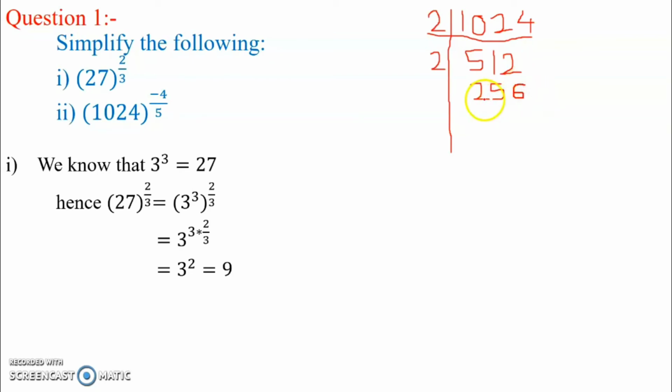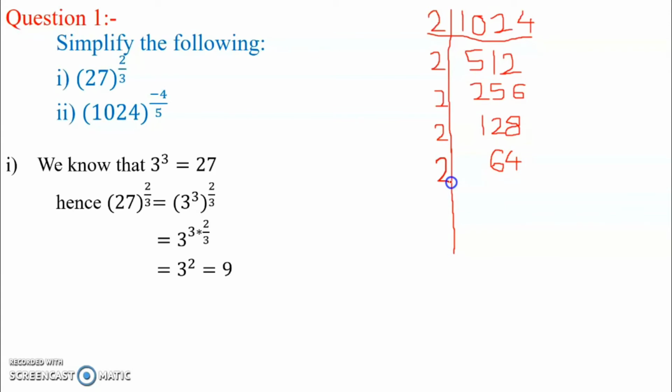Again, this is an even number, so again this number will be divisible by 2. So you will get 128. Now again this number is divisible by 2. So just proceed in this way till you get the required result. So 64. Continue in this manner.